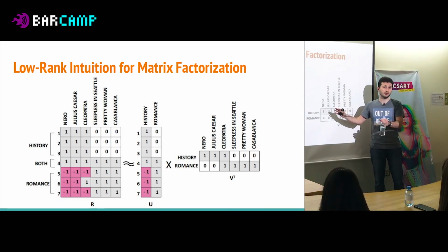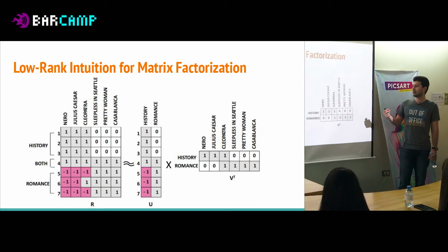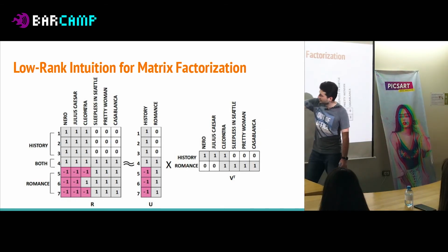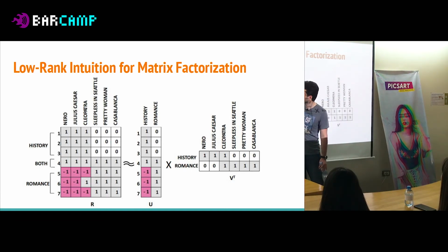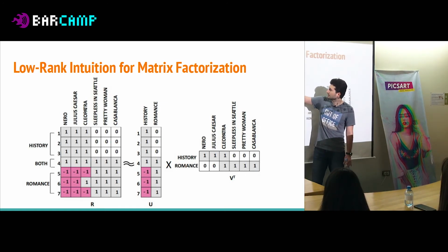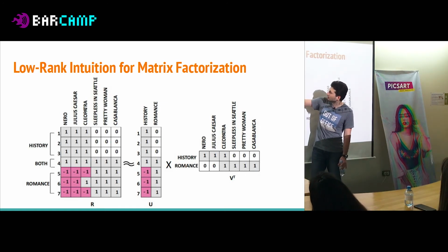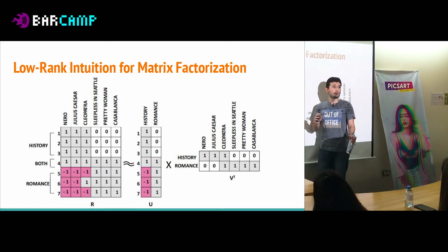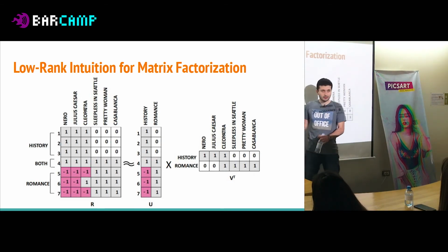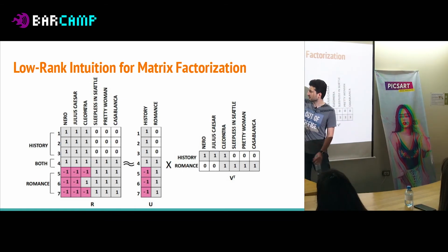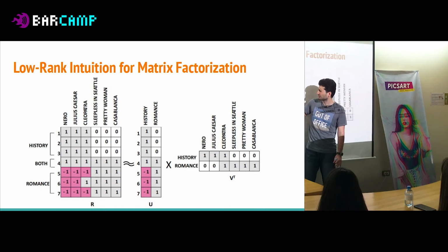This is how it could be represented. This is a toy example that will show you the presence of correlations of users and items in our data. We have users here and movies here, and you can see that the movies Nero, Julius Caesar, and Cleopatra are historical movies, and Sleepless in Seattle, Pretty Woman, and Casablanca are romantic movies. We can already see that those three are similar to each other, and those three are similar to each other.